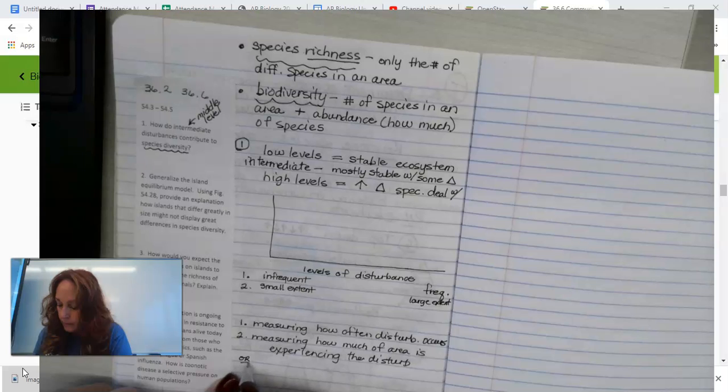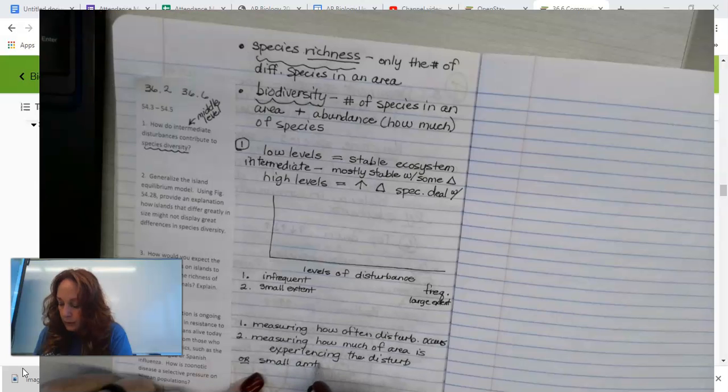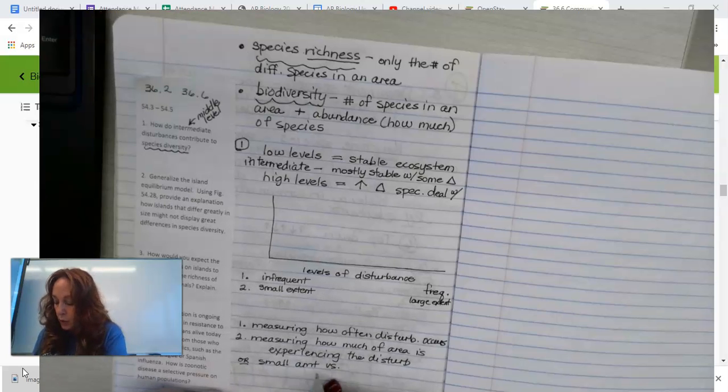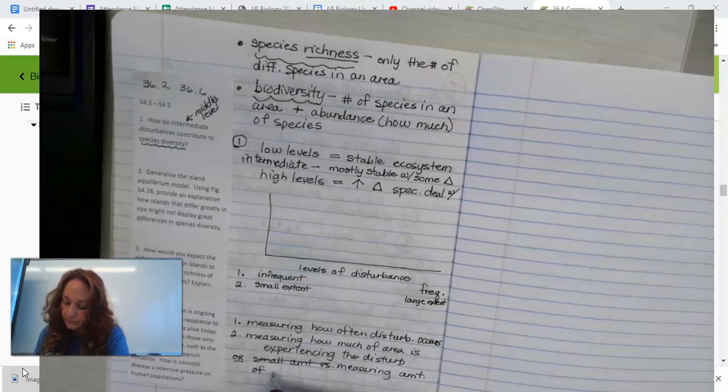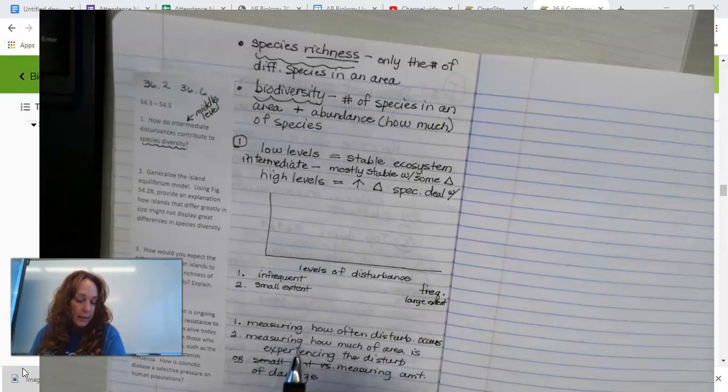Or it could be that you have a small amount versus a large amount. So you're measuring the amount of damage. So it just depends on how you choose to measure this.